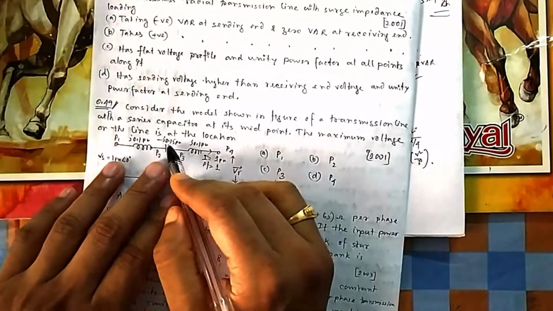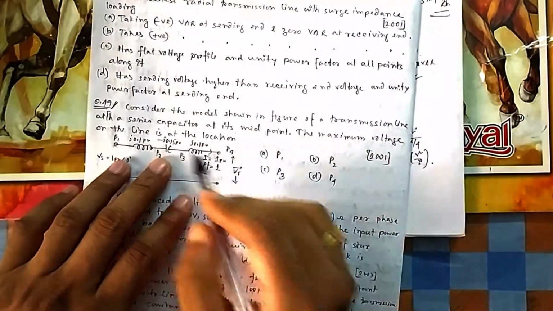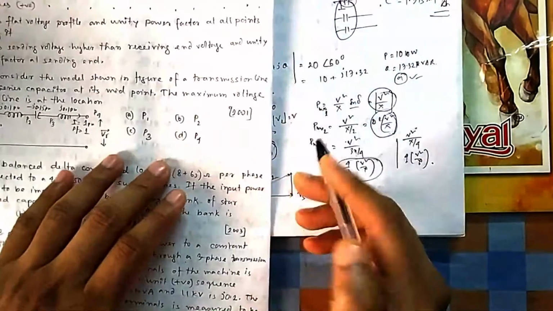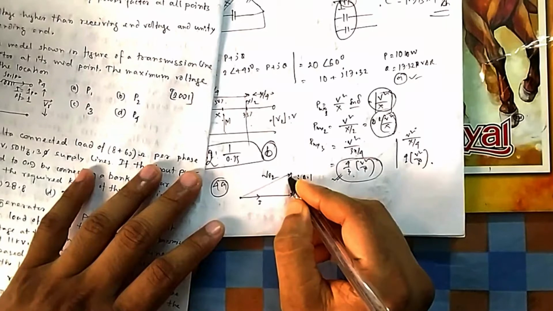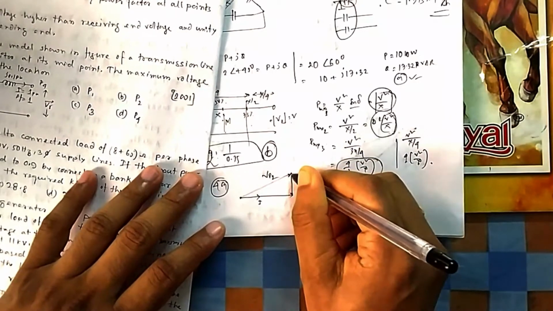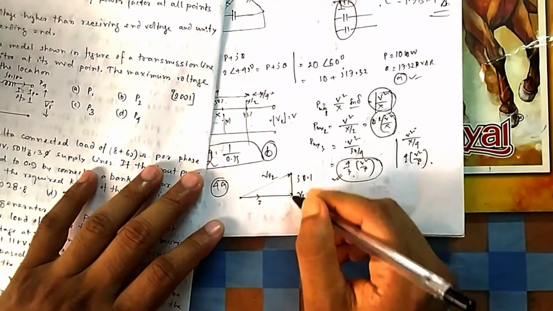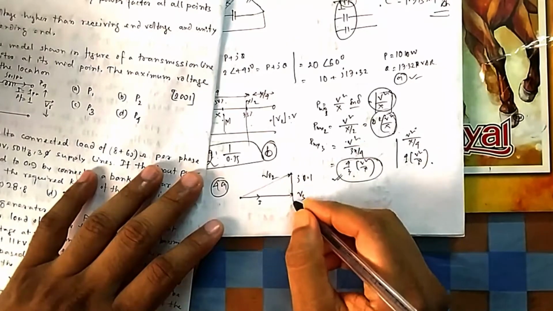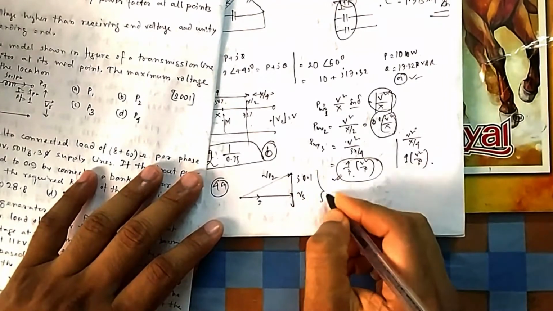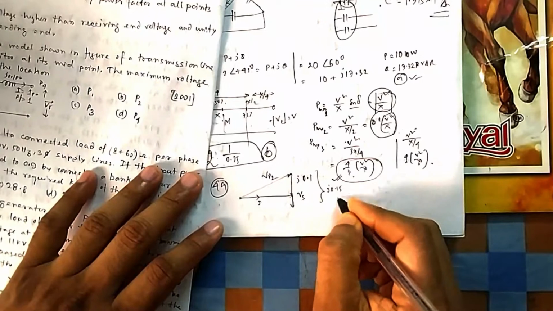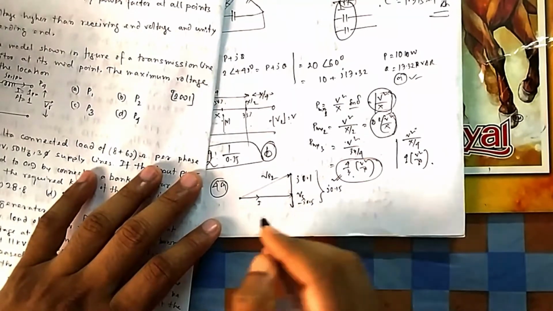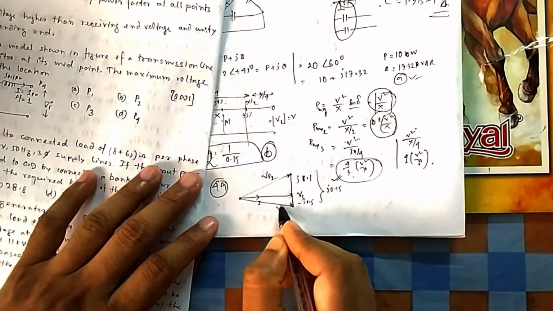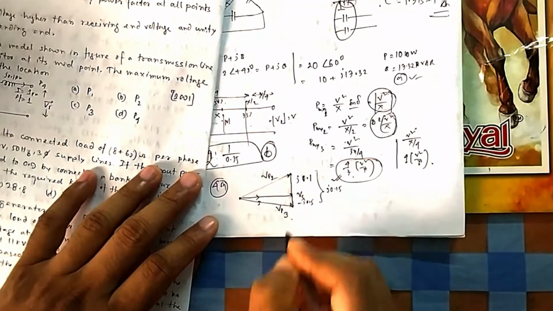There will now be minus J, because it is a capacitor now. So the drop will be downward, because the current should lead. Now the voltage is here, and from here it will be a drop of minus 0.5 below. So it will come up to this much only, half of this one, because this length is J1.5. So it is actually minus J0.5. So here it will be your Vp3.